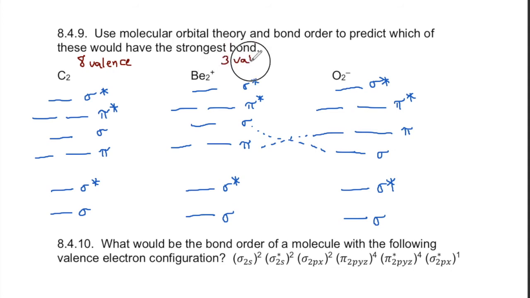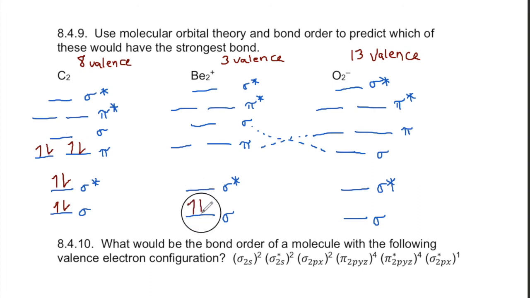This one is missing an electron because it's a cation. And oxygen would have 12, but this one has an additional valence electron because it's an anion. So let's go ahead and populate these molecular orbitals. So here are the 8 valence electrons here, and here we have 13.